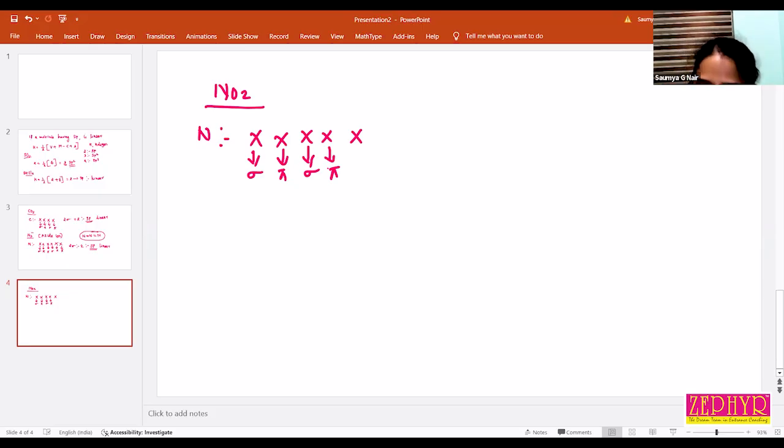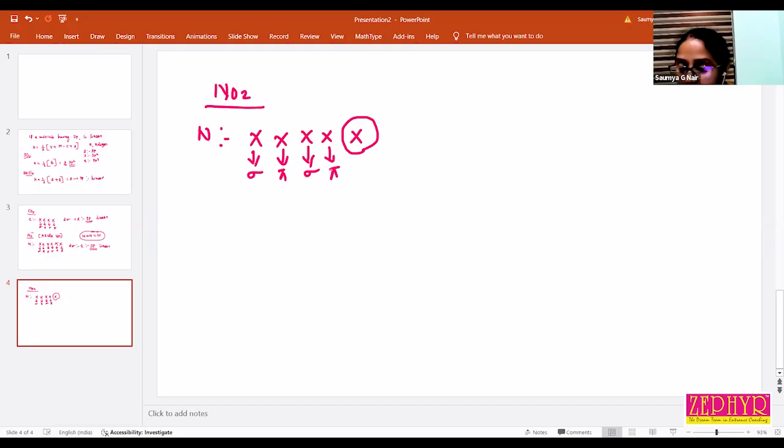How many sigma? 2 sigma. But the problem here is that there is one single electron, which is not paired.